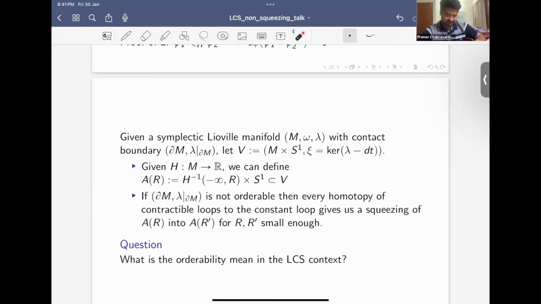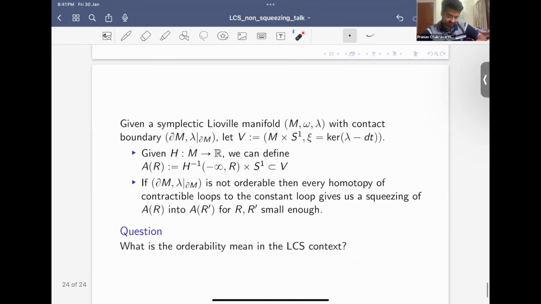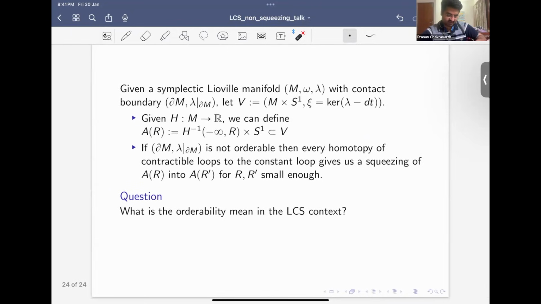So finally, I'll end with something we don't fully understand. The reason orderability was important in the contact case is that if you start with a symplectic Liouville manifold with a contact boundary, then you can look at the pre-quantization of the symplectic manifold, basically taking M times S1. Given a Hamiltonian function on M, you can look at a set in the pre-quantization called A of R, which looks at the level set of your Hamiltonian function up to energy R, times S1.